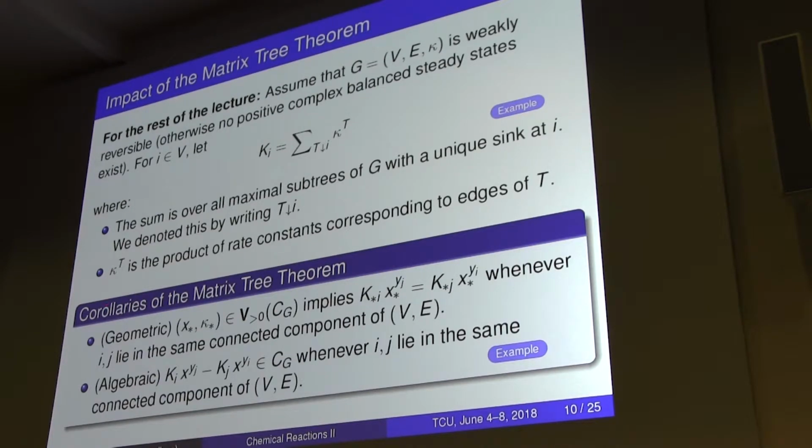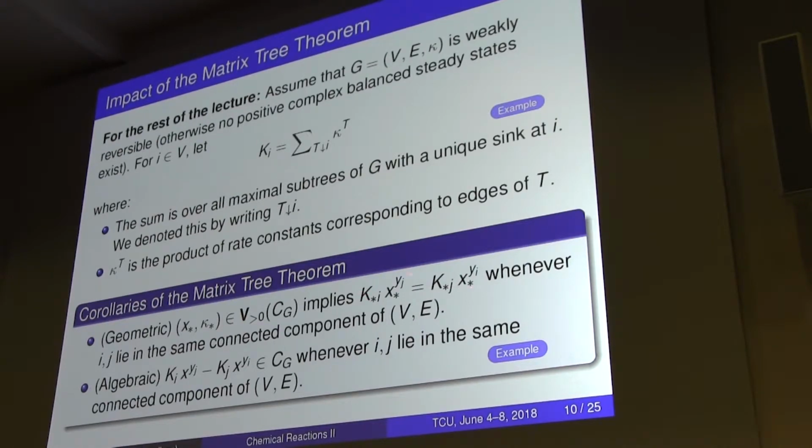So another way to think about some consequences is that the matrix tree theorem basically guarantees that these are in this ideal C of G whenever I and J are in the same connected component of the directed graph. And what that means geometrically is that if I have one of these solutions, then it satisfies these equations.